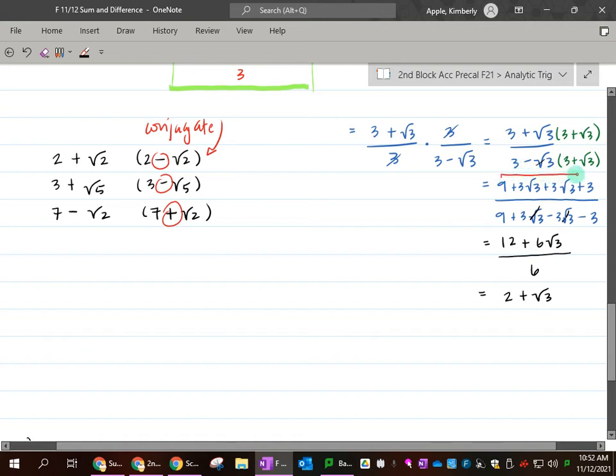And from there, it's just applying these rules that I showed you how to apply. Like if we could combine these terms, that's a 9 and a 3. I know what that is. If I'm then combining these two middle terms, that is 3 root 3 plus 3 root 3, which we talked about. That's just 6 root 3. So that's where I got this. And then on the bottom, 9 minus 3 is 6.